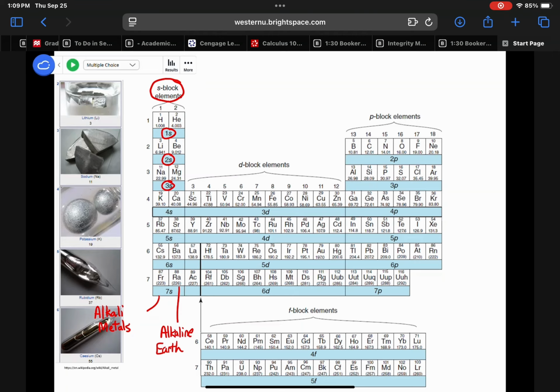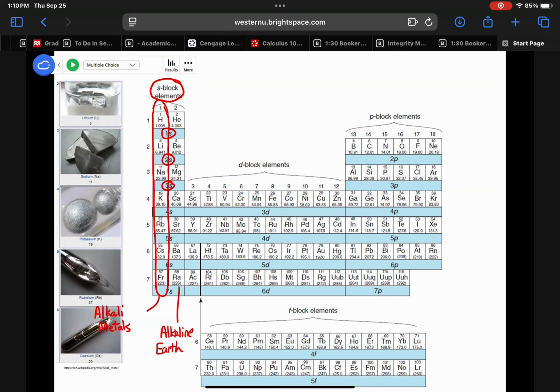All the elements in the same group, so for example, group 1 on the periodic table, hydrogen, lithium, sodium, we have pictures of them here in the notes, they all have one valence electron in the highest principal quantum number orbital. So 1s1, 2s1, 3s1, 4s1, and so on.